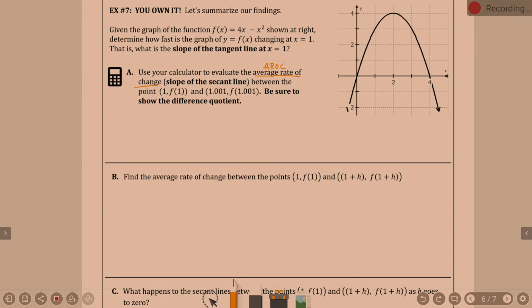Now, showing the difference quotient, well, how do you find the slope of the secant line? How do we find slope? f of a plus h minus f of a, over h. Not exactly.